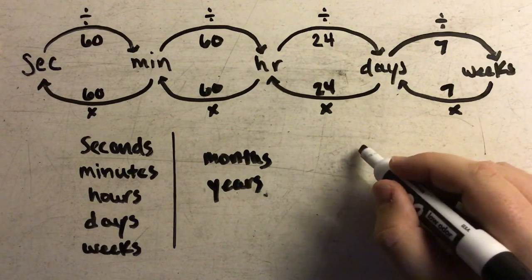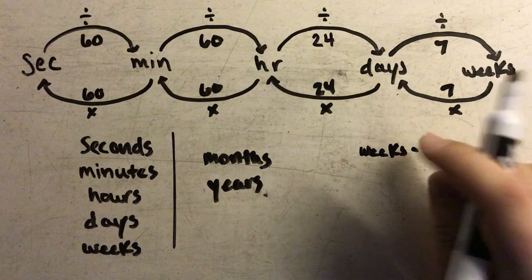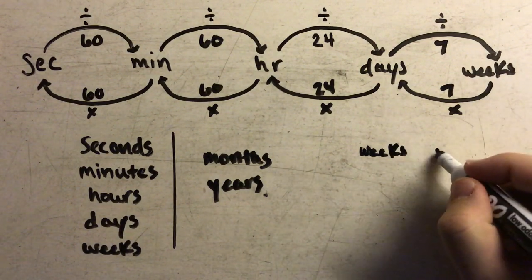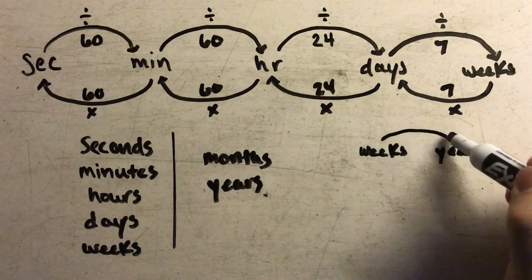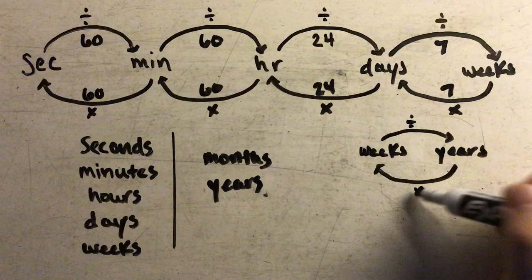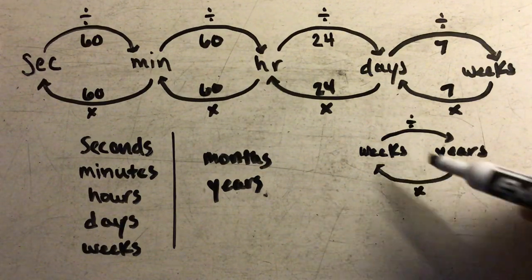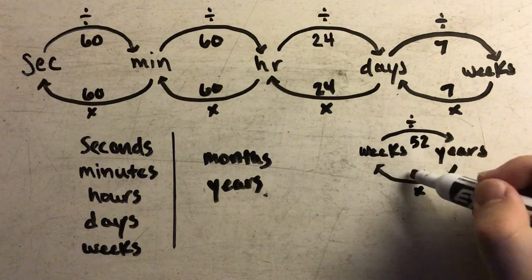If I want to go from weeks to years, again, I would divide going from a smaller unit to a larger, and I would multiply from a larger to a smaller. And my magic number between weeks and years is 52.